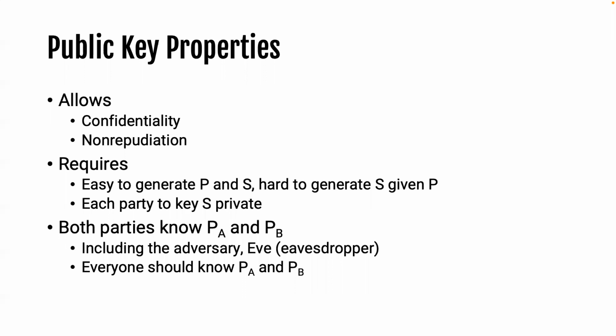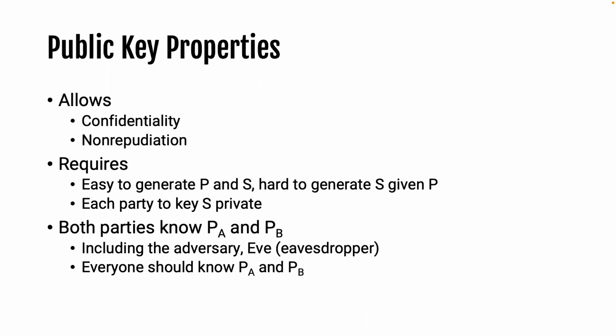So using the public key property, it can also provide this nice non-repudiation property. I will expand on these two properties later. For now you just need a high level intuition about what confidentiality and non-repudiation are, okay?